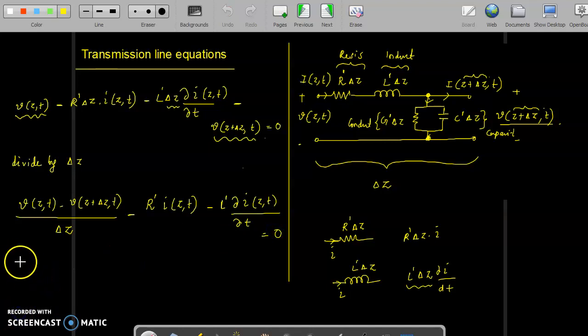Now I am going to apply the limit where delta Z is very close to 0.